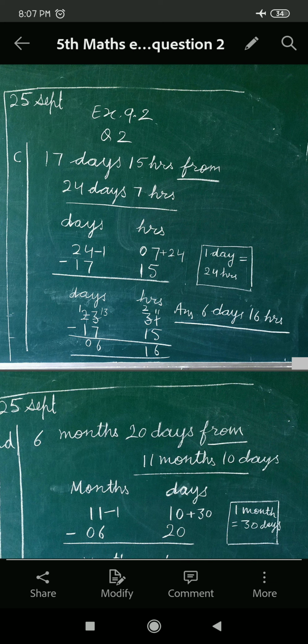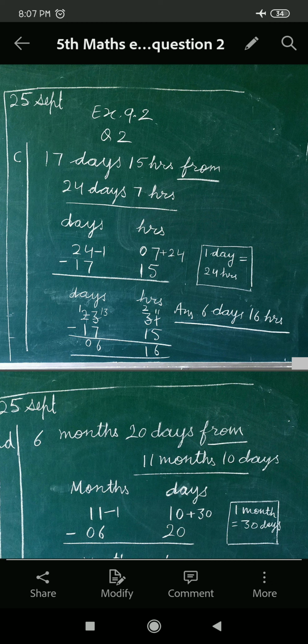But when one day comes in the hours column, then what will happen? One day is equal to 24 hours. First we'll have to convert it into hours, and then we will add it in hours. 7 hours already we have, then add 24 hours more. And now you see we have 31 hours.